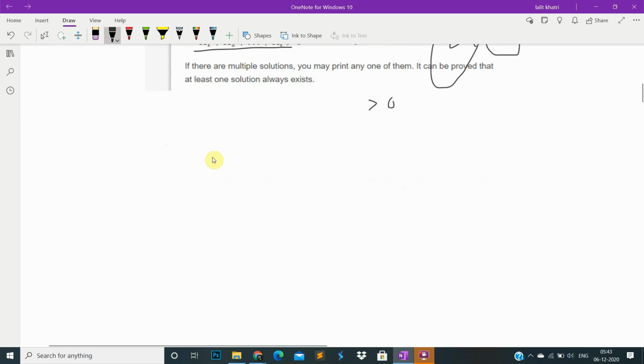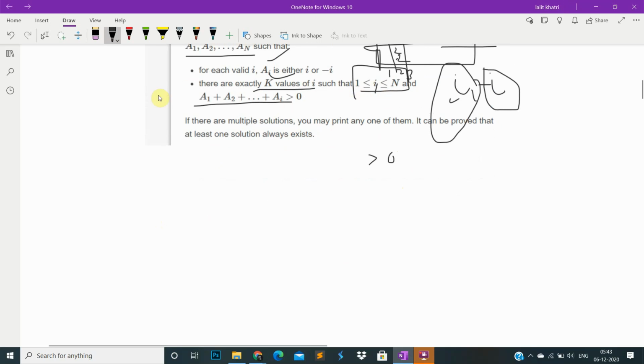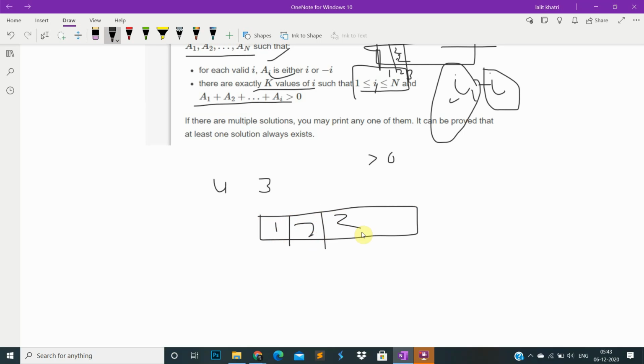So how should one think about this? For positive i, the prefix sum must be greater than 0. If I take n equal to 4 and k equal to 3, I make an array 1 2 3 4. What I might do is take all the positive numbers in the beginning and the negative in the end.